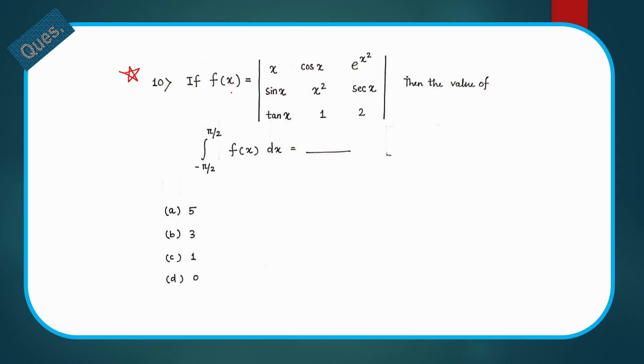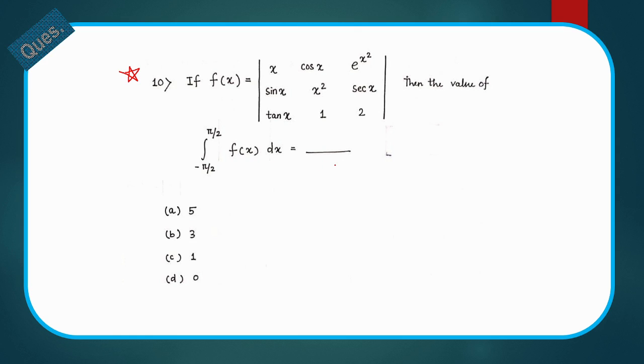So f(x) is given like this: the determinant of this, x, cos x, e to the power x square, sin x square, sec x, tan x, 1, 2. Then the value of the definite integral from minus pi to pi of f(x) dx.